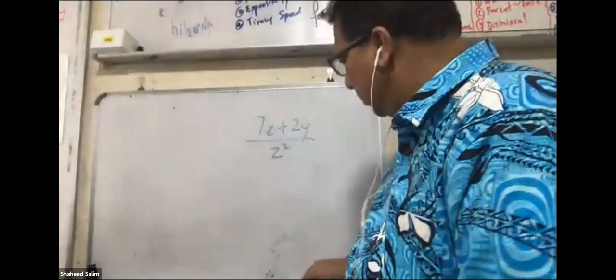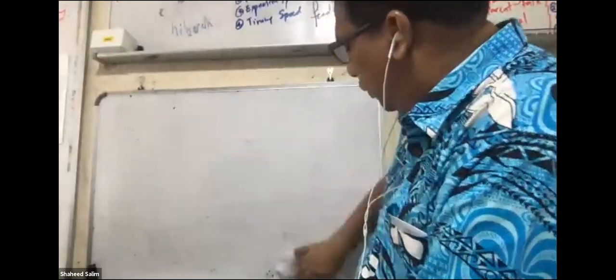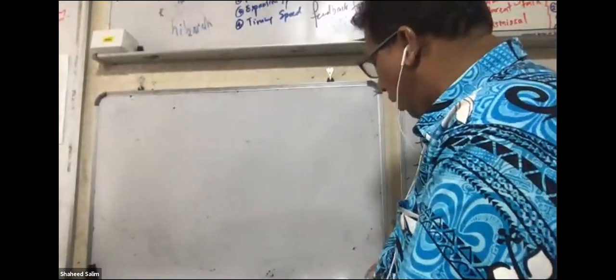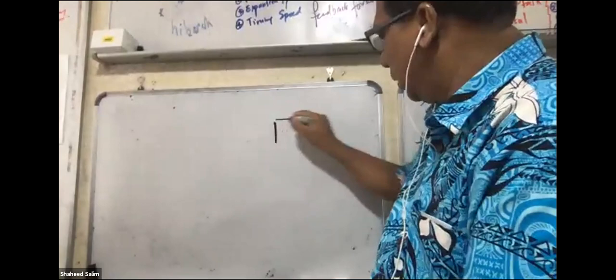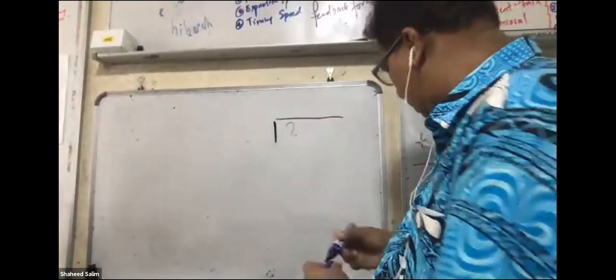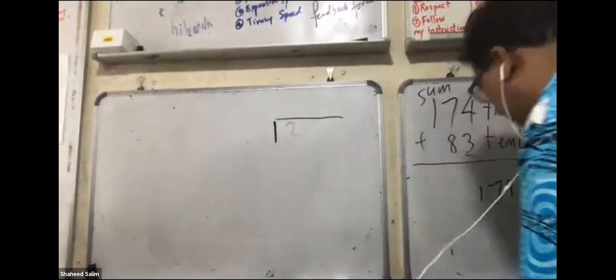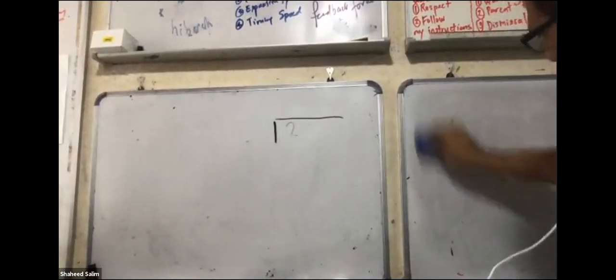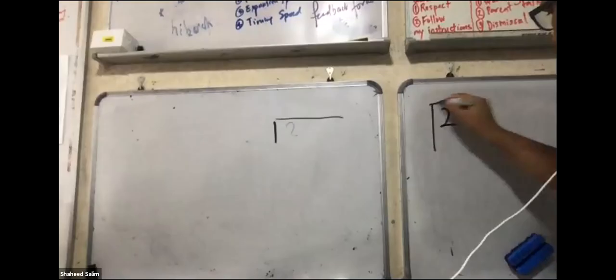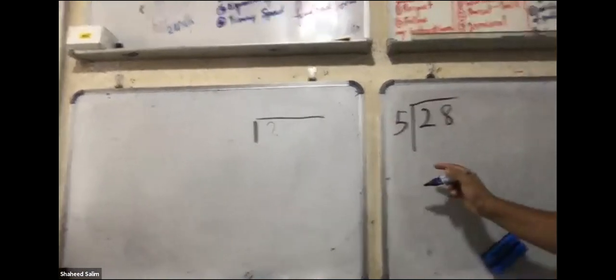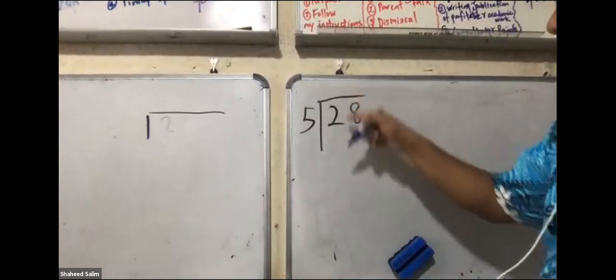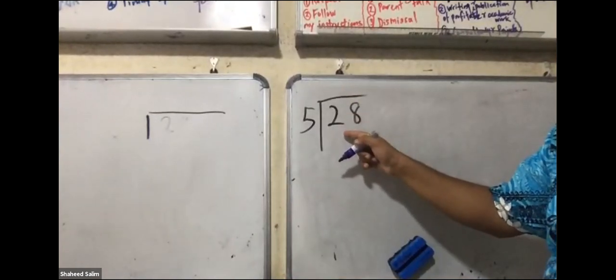But primary school students will be confused if you use X and Y. So now let's see, what is the quotient of 28 divided by 5? We do this together. There's some trick here. You tell me now: 28 cannot, what number can it be smaller than 28?